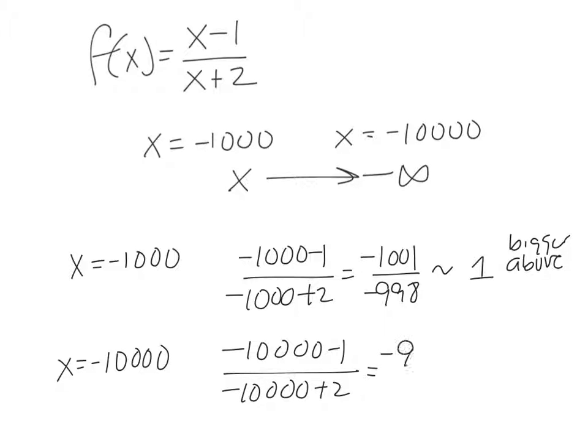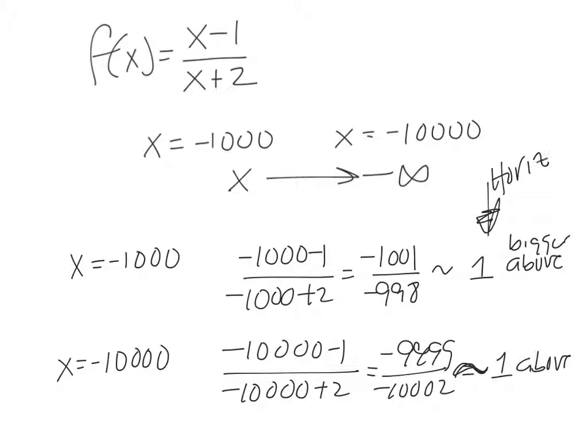So negative 9,999 over negative 10,002. Again, it's approaching 1 from above. That means that this 1, that's our horizontal asymptote. Now, I'm going to give you a trick on how to find that, but that's all the trick is going to do. It's going to assume that you've plugged in bigger and bigger and bigger values of x.